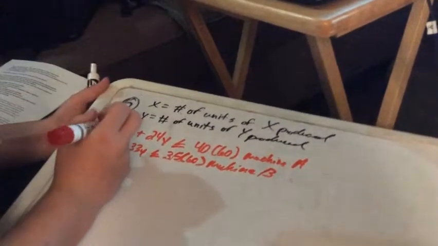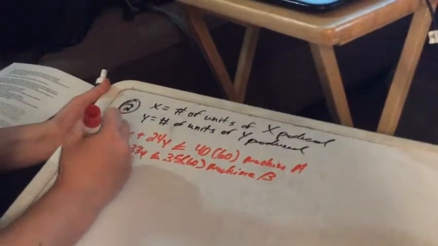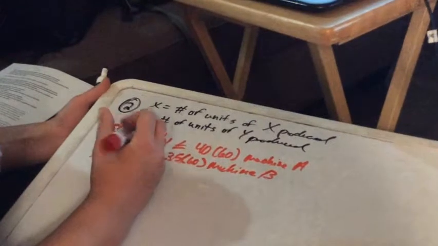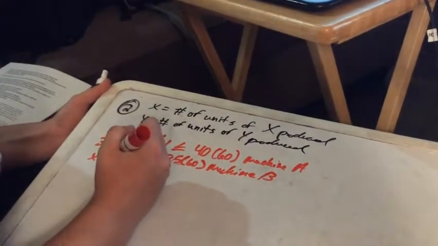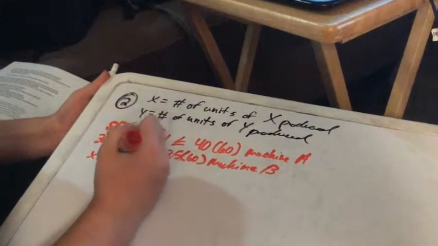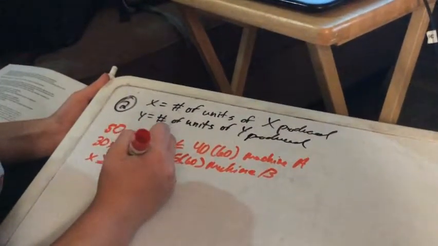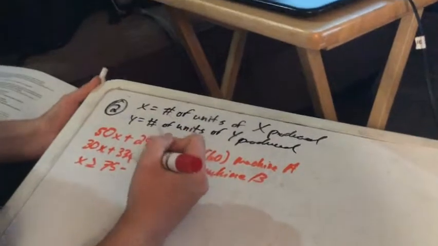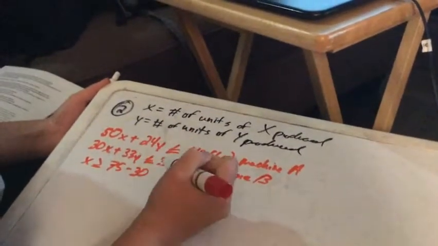So the number of X units has to be greater than or equal to the forecast of the units, which is 75, minus the beginning that they start with each week.